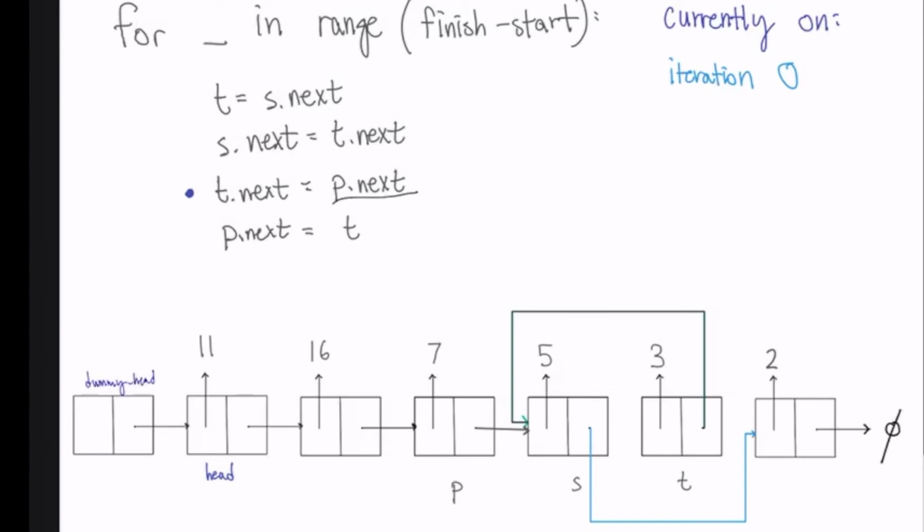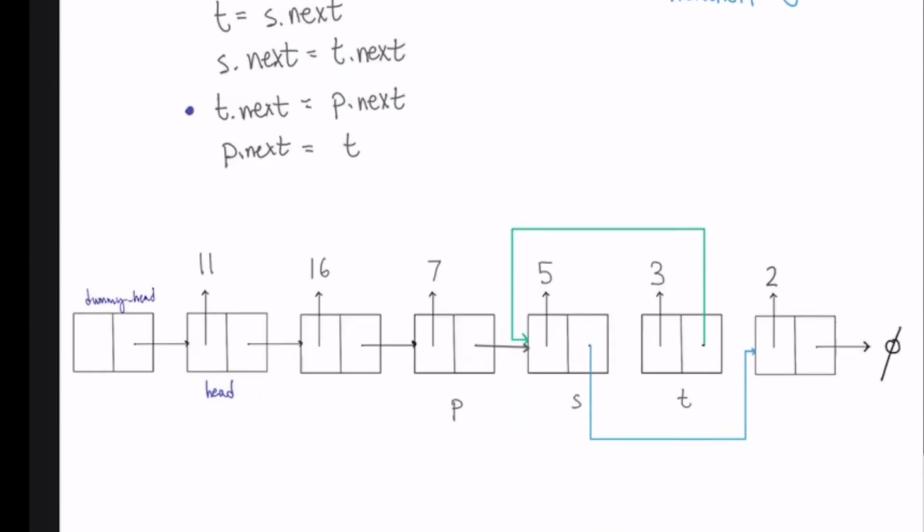So p.next is pointing to this node due to this, so t.next is now going to point to s, which is t.next, which is p.next.